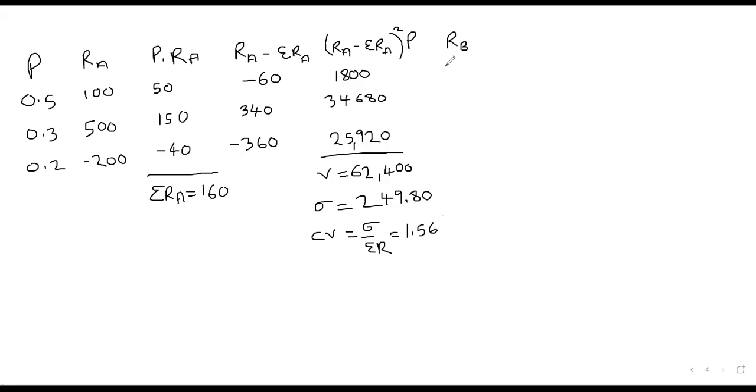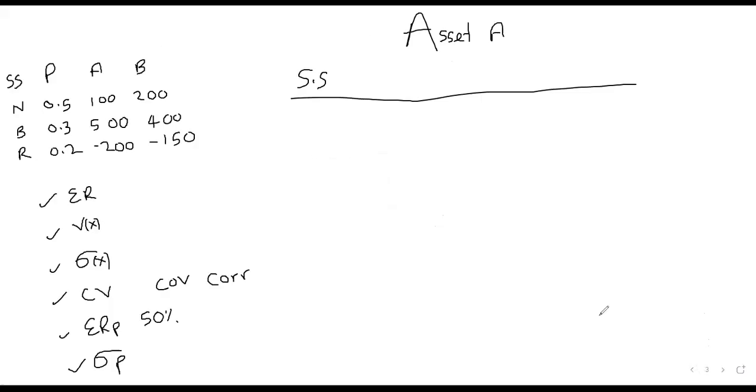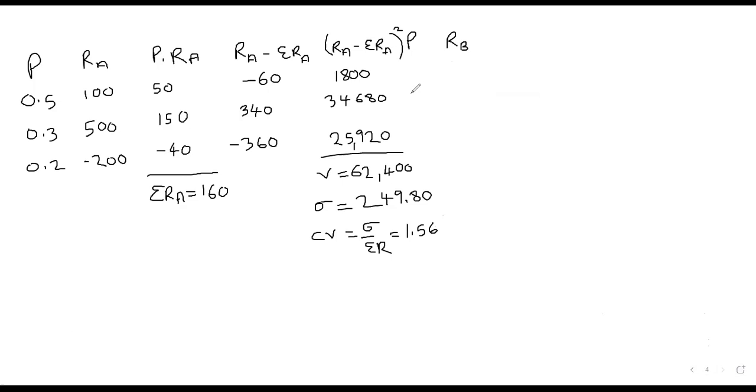So we go to returns on asset B. 200, 400, 150. The same probabilities are the ones that we're using. If you want, you can bring them back here. 0.5, 0.3, 0.2. Quickly, let's find the expected return.